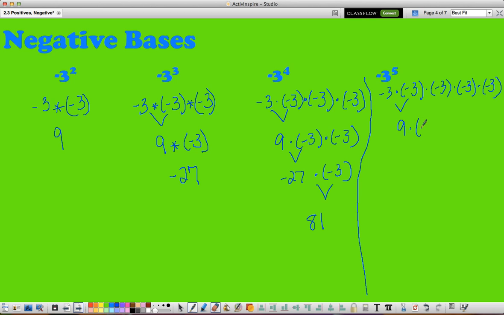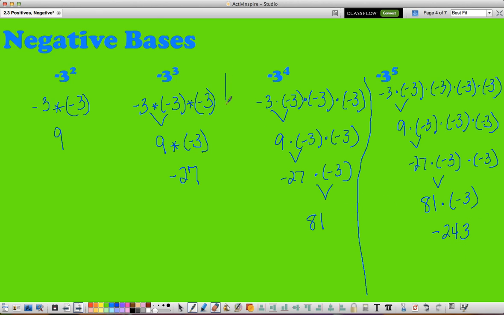Positive 9. Negative 27. Positive 81. Times the negative 3. So I know my answer is going to be negative. 1 times 3 is 3. 24. So we have negative 243.